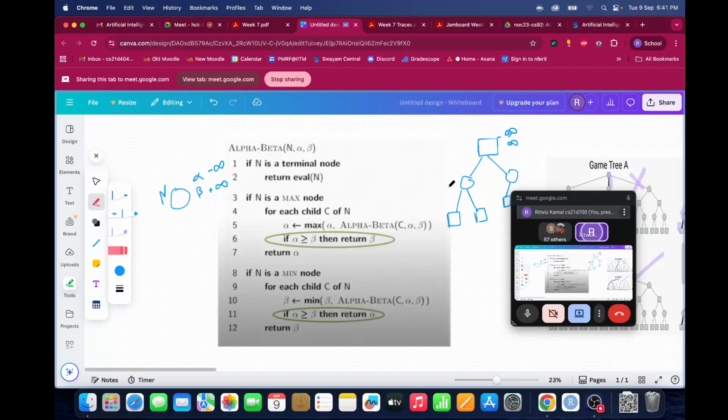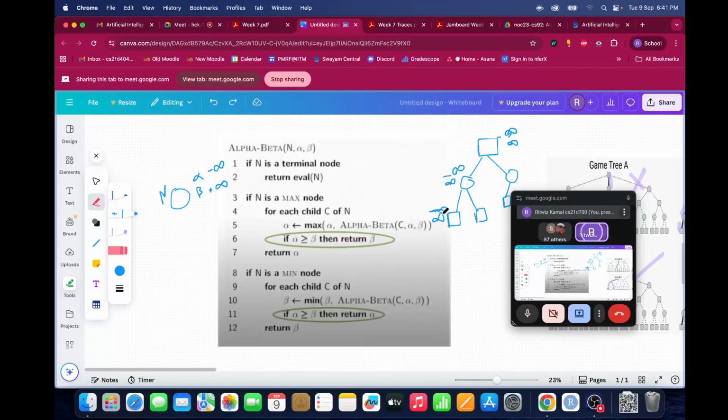This it will propagate to all its children as well. So initially this will also have a minus infinity and plus infinity. This will also have a minus infinity and plus infinity, alpha and beta values respectively. Okay, each of these are specific to a node though, not common across all nodes. This minus infinity and plus infinity corresponds to this node alone. This one corresponds to this node alone.